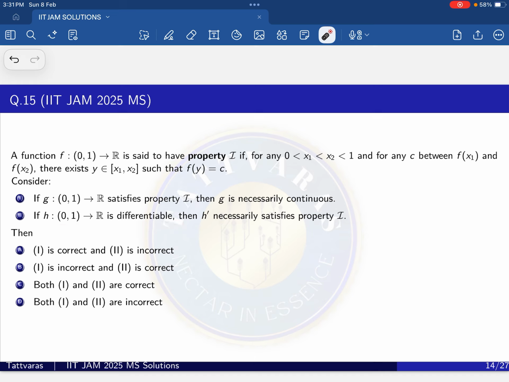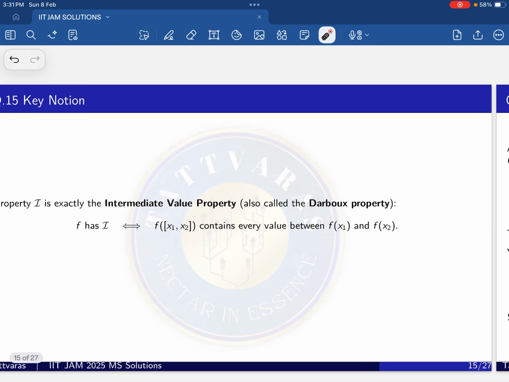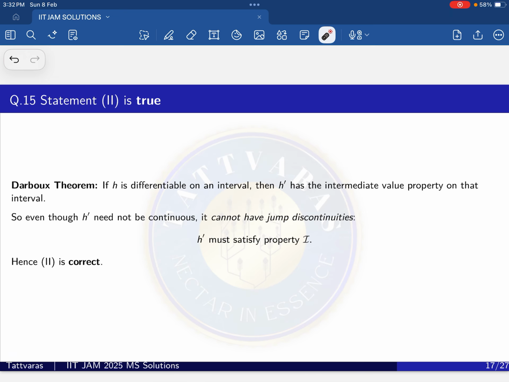That is what you can also prove. However, this is actually the Darboux theorem. So from there we can conclude that statement 2 is correct. I am not going into the exact details of the Darboux theorem now.